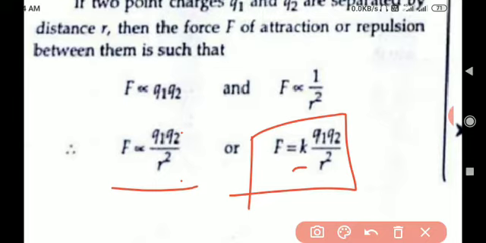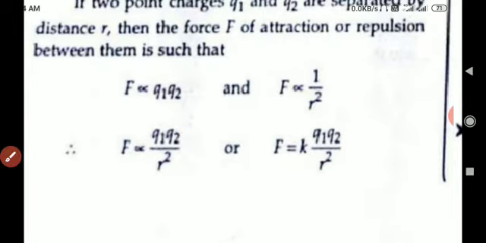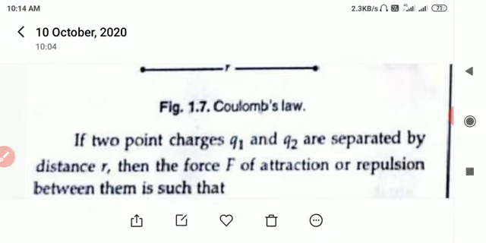Now here k is the constant of proportionality, and we also say it is the force constant. It depends upon the medium between these charges.